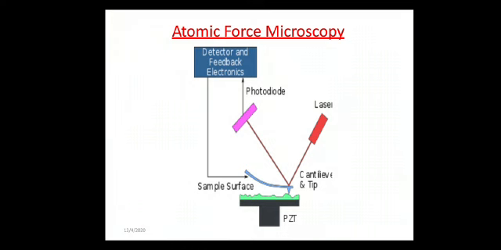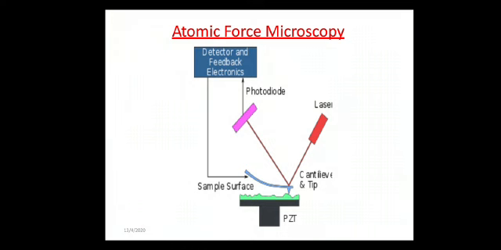Now the working principle of how it works. The AFM consists of a cantilever beam with a sharp probe tip at its end that is used to scan the specimen surface. The cantilever is typically silicon or silicon nitride, with a tip radius of curvature on the order of nanometers.